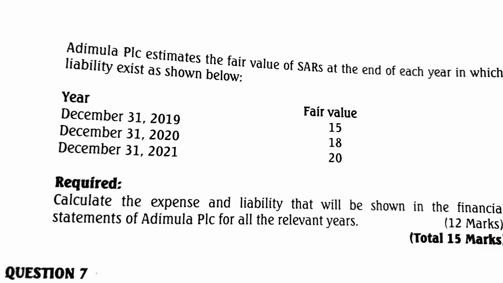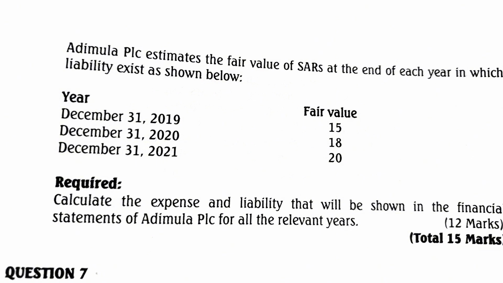Adimola PLC estimates that the fair value of the share appreciation right at the end of each year in which a liability exists is as shown below. December 31st, 2019, the fair value is 15 naira; December 31st, 2020, 18 naira; and December 31st, 2021, 20 naira.